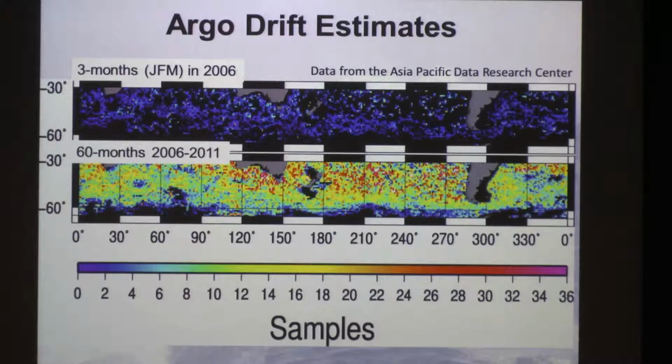If you extend it to a 5-year period, you can see you have more observations up here, a lot fewer observations down here, maybe on the order of 10 to 15 observations over a 5-year period of velocity at 1,000 decibars. And this is actually the area where we're most interested in, because this is where the velocities in the Southern Ocean are the strongest and where we want to get that information.